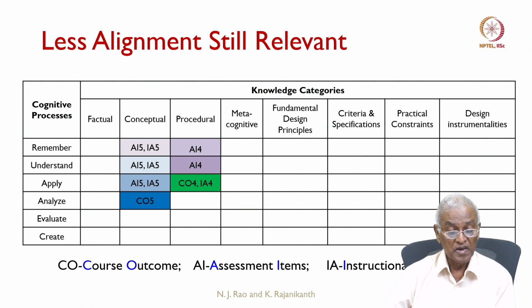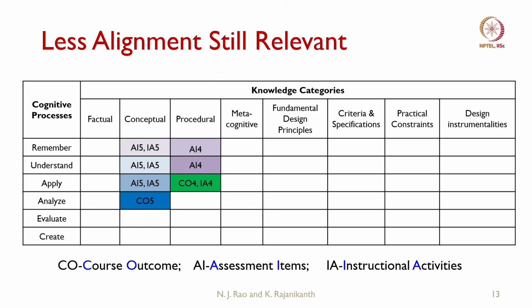That is, my CO belongs to apply, but my assessment items, for some reason, whatever be the decision making, are either part of understand or remember. In that case, there is not proper alignment between the three elements, but it is still partial alignment which may be acceptable.